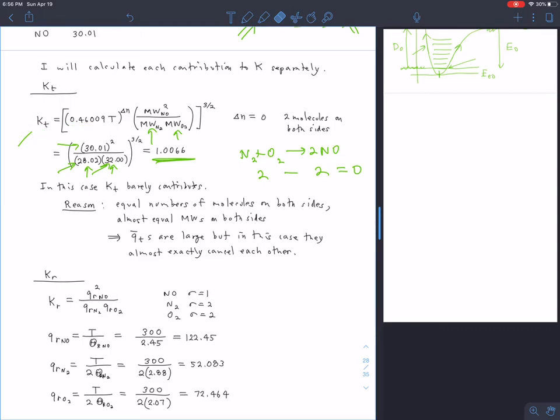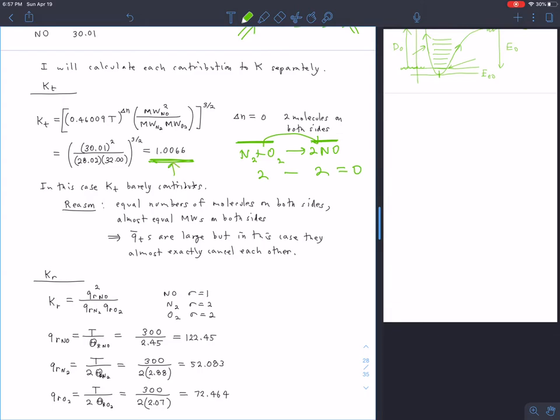The translational partition functions just cancel each other on both sides. And that's what's happening here, which means that there's no real advantage in translational microstates between the reactants and the products. When the reactants go and become products, the translational microstates stay essentially the same.